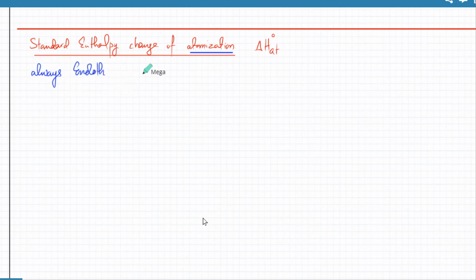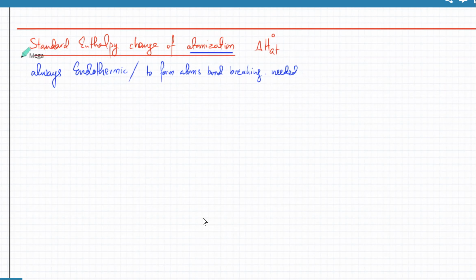So it's the opposite of combustion. Combustion is always exothermic. This one would always be endothermic. I'll also write that to form atoms, you would have to break bonds, which is endothermic. So only bond breaking happens in this. So what's the definition?